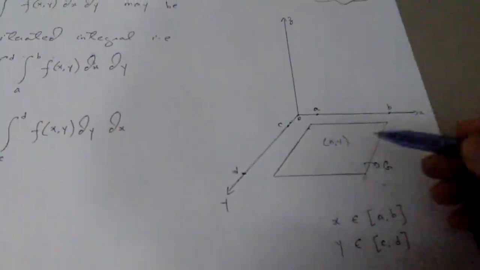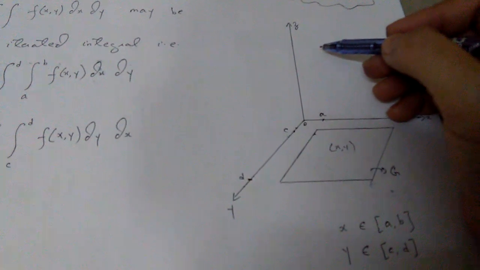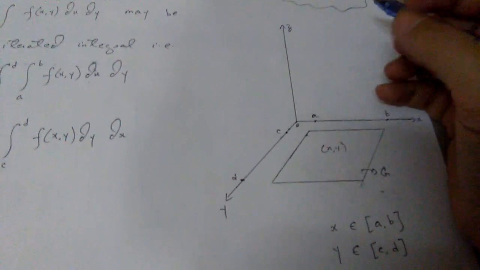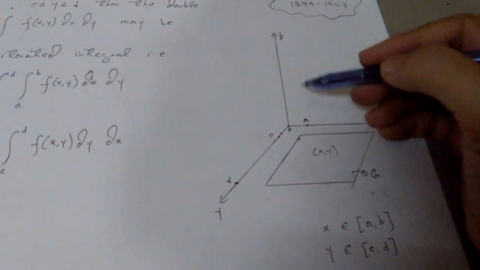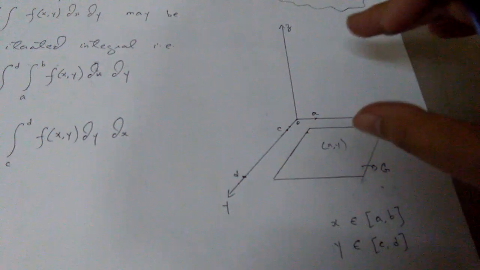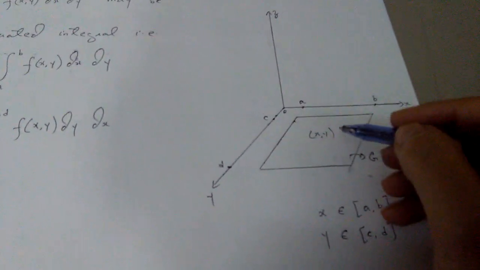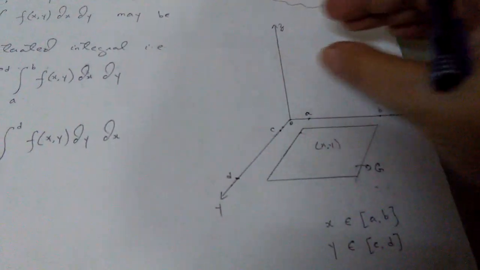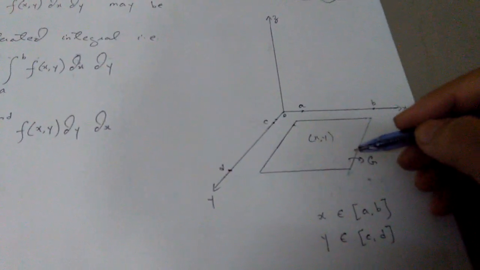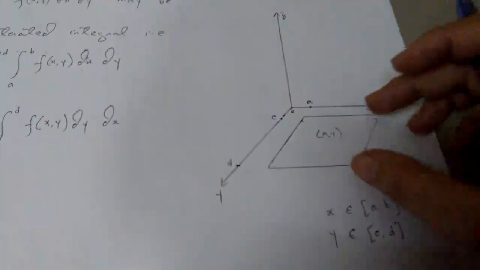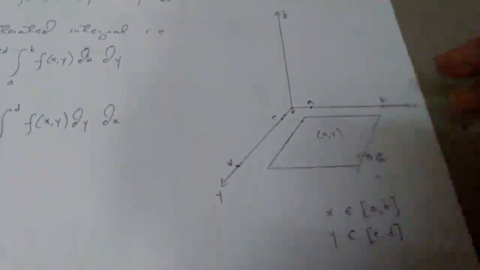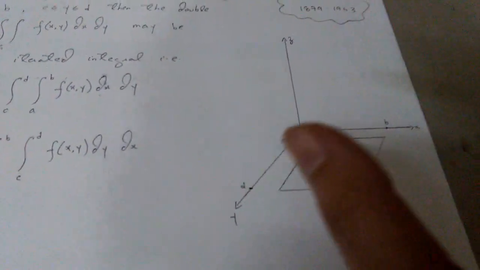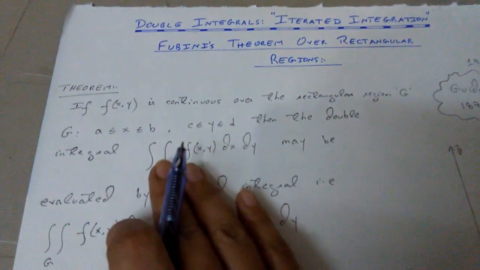So exactly over this region, if I try to maintain a surface S, which is similar to this region but lying in the 3D coordinate space, I am going to maintain an object having the bottom G and the upper surface S, which is exactly congruent to this plane G. So the volume of that object is going to be explained by this double integral.